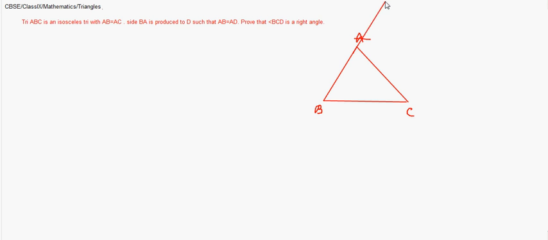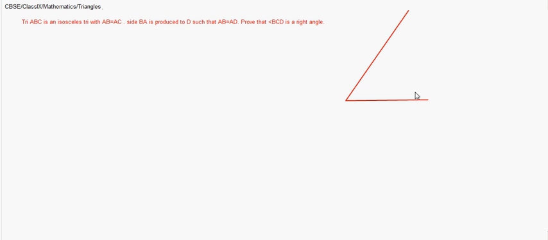I should have drawn a little smaller triangle, because then I can extend it, as it says they will be equal.